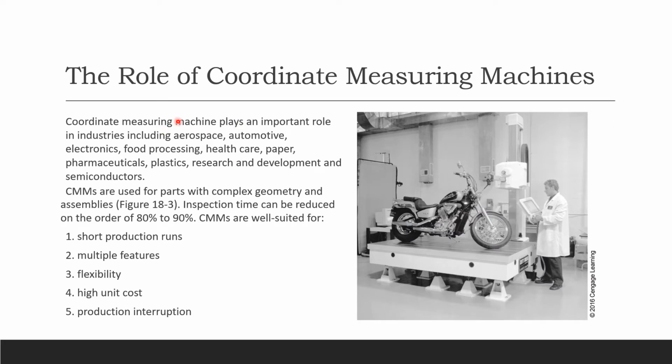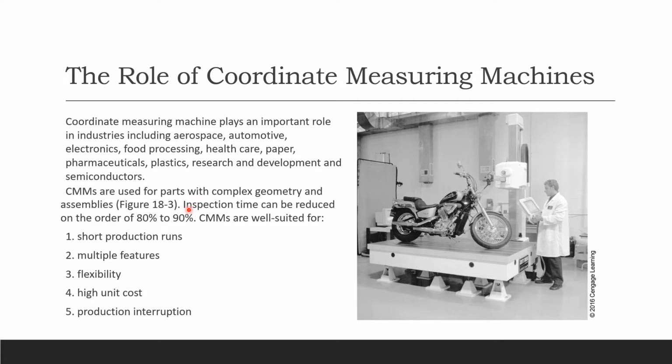Alright, next one is the role of coordinate measuring machine. So what do we use CMM for? They play an important role in industries, again, aerospace, automotive, electronics, food, healthcare, paper, pharmaceutical, plastic, research and development, and semiconductors.